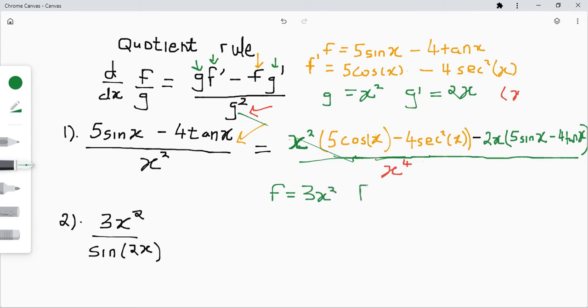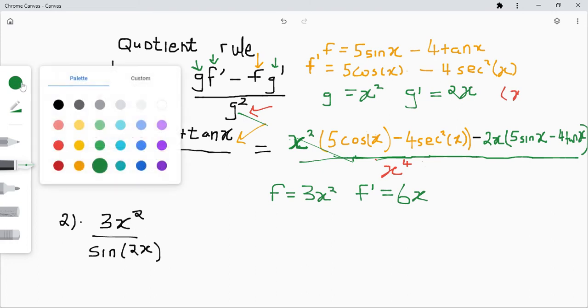Then f prime: we derive 3x squared. 2 times 3 is 6, and for this x squared, we subtract 1 from the 2 and remain with x to the power 1. The derivative is 6x.